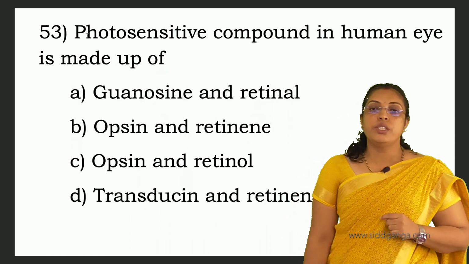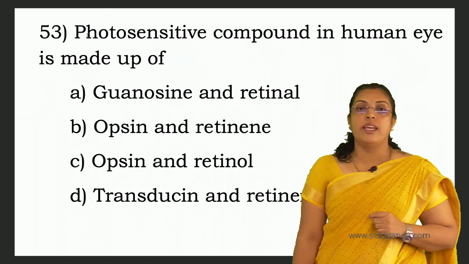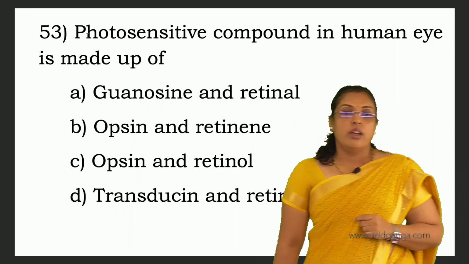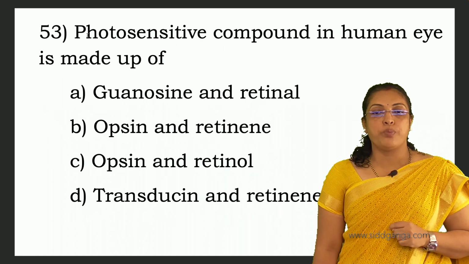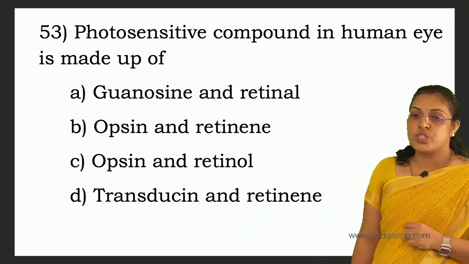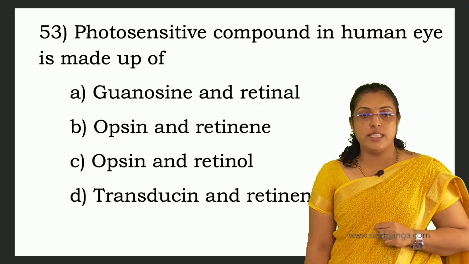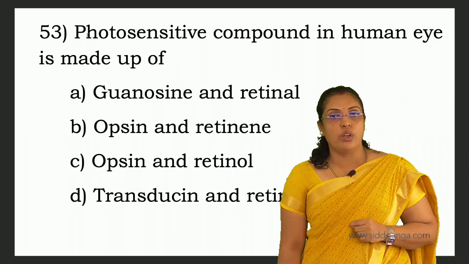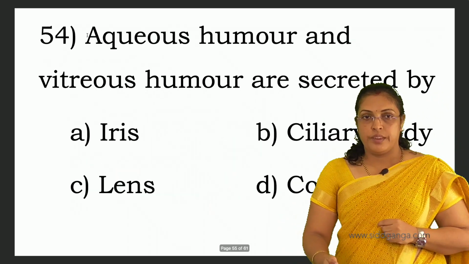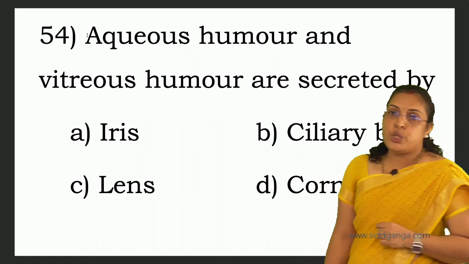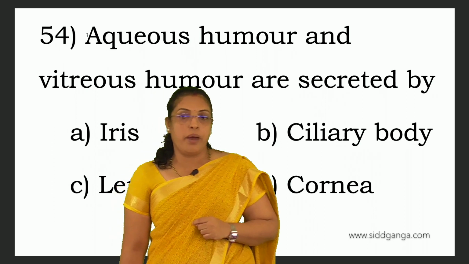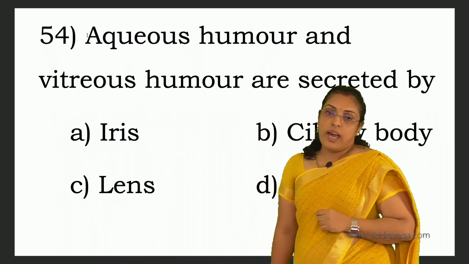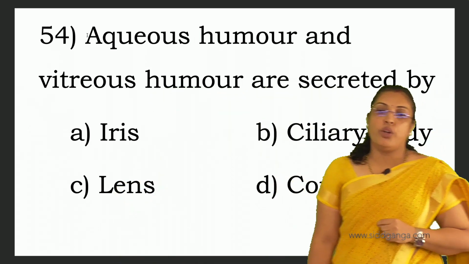The photosensitive compound in the human eye is made up of: they are given guanosine and retinol, opsin and retinal, opsin and retinol, transduction and retinal. The answer is C, opsin and retinol. Aqueous humor and vitreous humor are secreted by: they are given iris, lens, ciliary body, cornea.